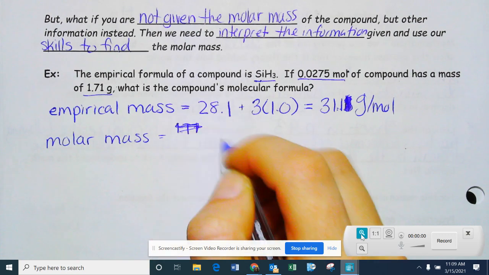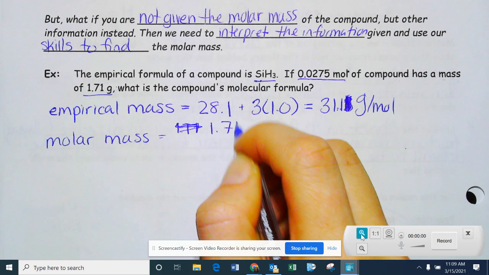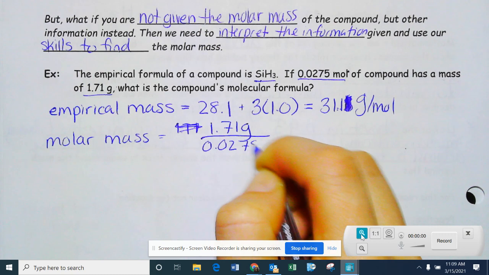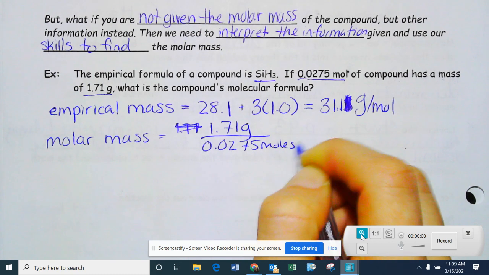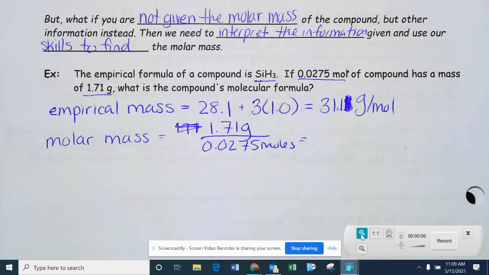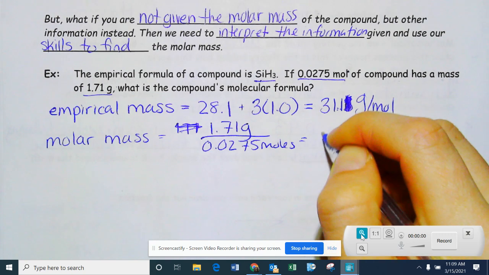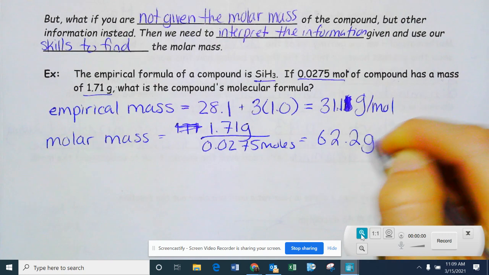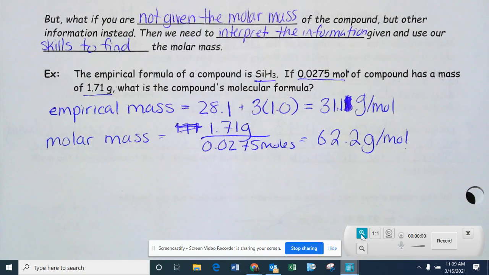Man, I'm messing up my numbers today. 1.71 grams every 0.0275 moles. So we would just divide those numbers and we would end up with, all right, I have got a molar mass of 62.2 grams for every mole. And then from that information, can I find my N value?